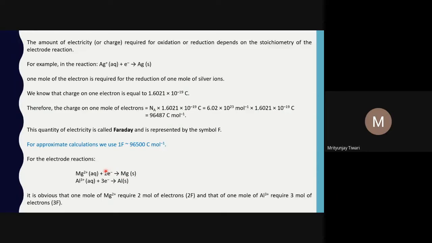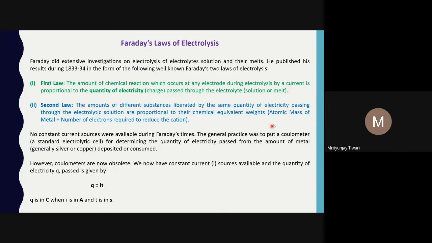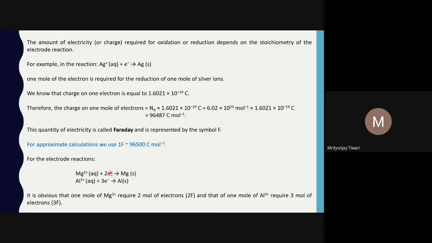And this 2 we call the valency factor. Here we have atomic mass divided by the number of electrons required to reduce the cation. Here we have seen 2 electrons are required to reduce this cation.